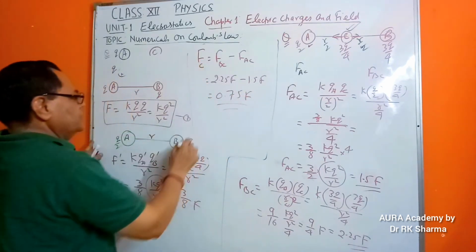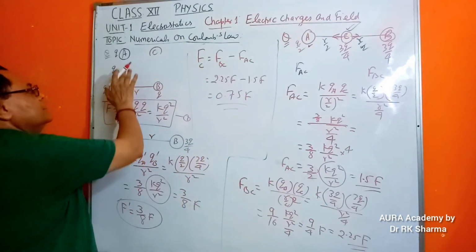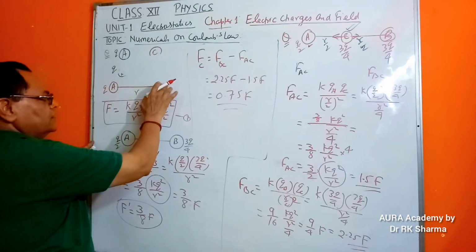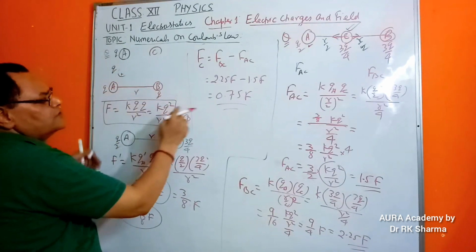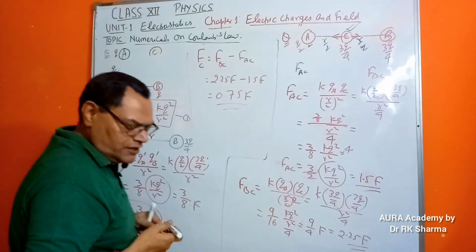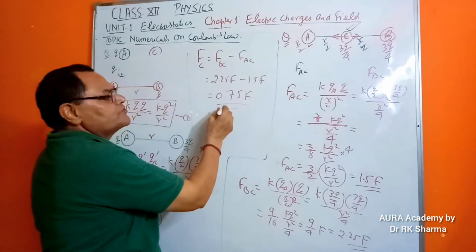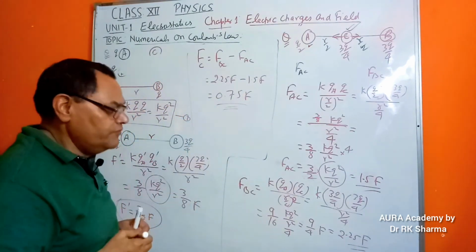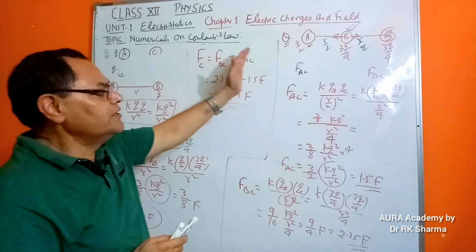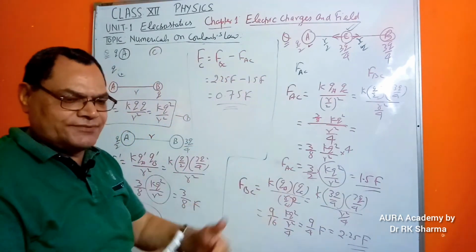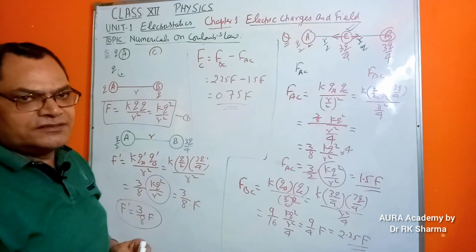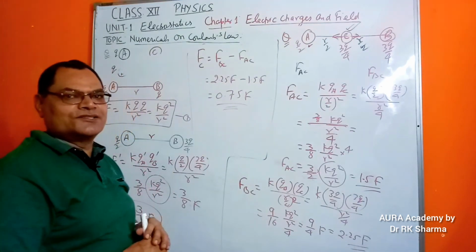If the original values were given to us earlier, that is the charges of the two spheres and the distance, then we could have found the value also, and the same value we can substitute here. So it's all very important, and I have covered a number of concepts with this. I think you may be understanding very well. Is it so?